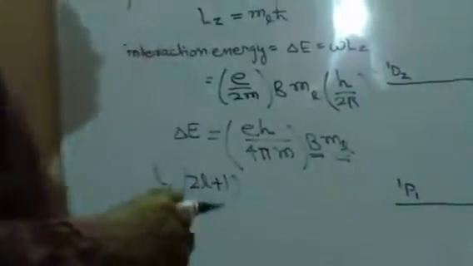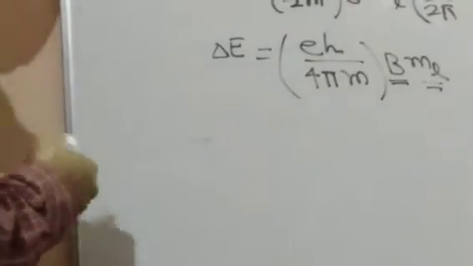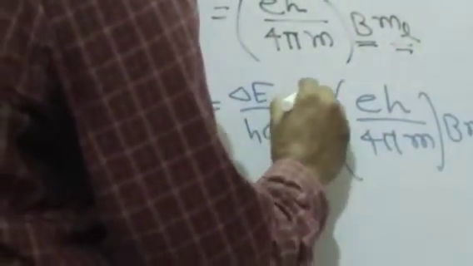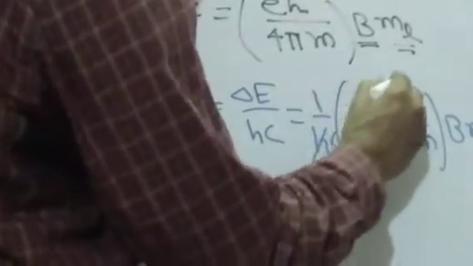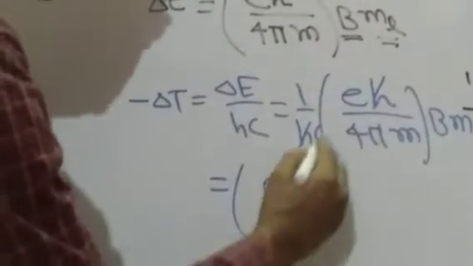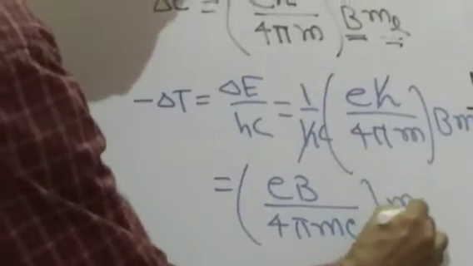Now, if we take the term value, which is defined as minus delta T equals delta E upon hc, and put in e h upon 4 pi m B ml divided by hc, that will give you e B upon 4 pi m c times ml.